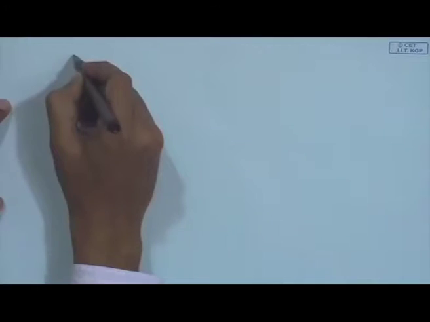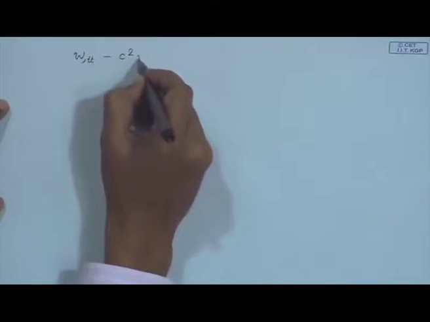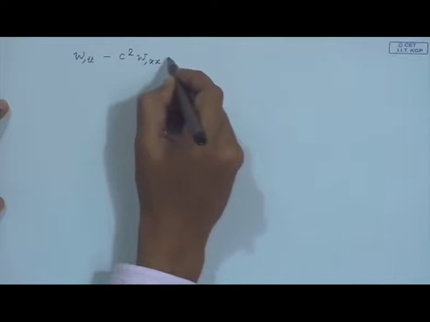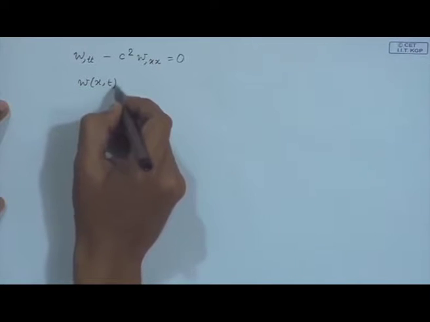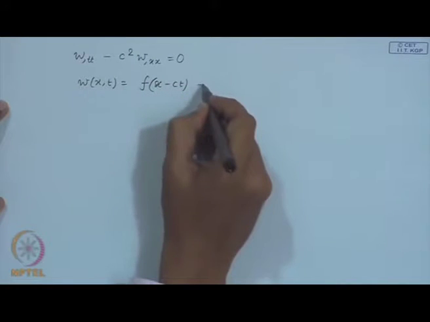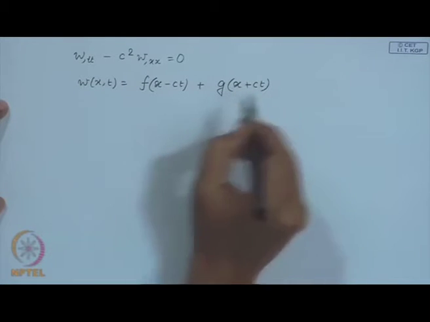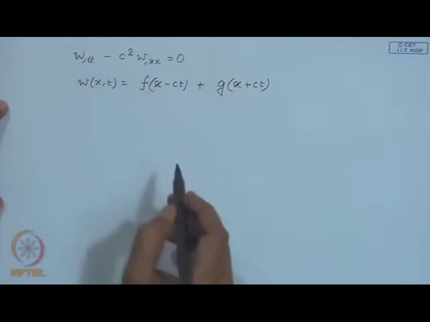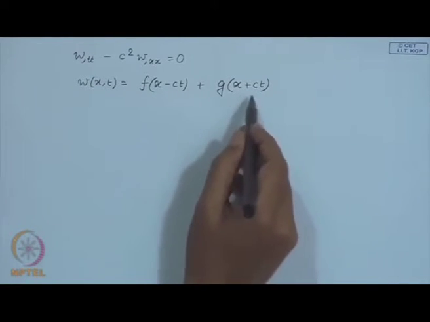We have looked in one of the previous lectures that the general solution of the wave equation can be written in terms of propagating waves, one in the positive x direction, the other in the negative x direction.